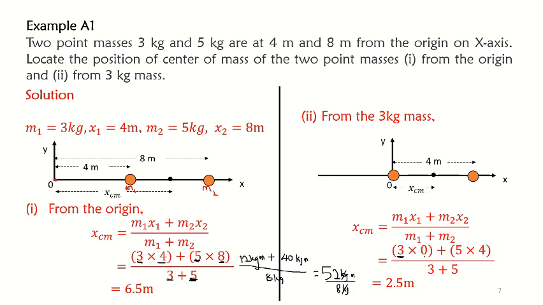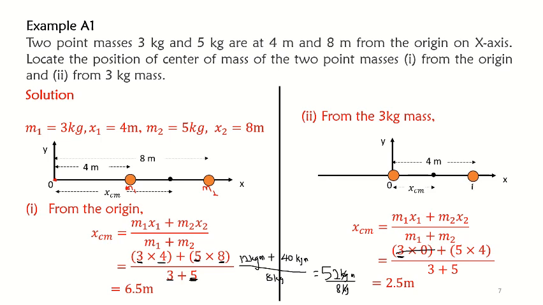You get it? If you bring the assumed position for the center of mass to where you have the 3 kg, then the distance x1 will be 0, because the 3 kg is lying on that same position of interest. So this term is 0.